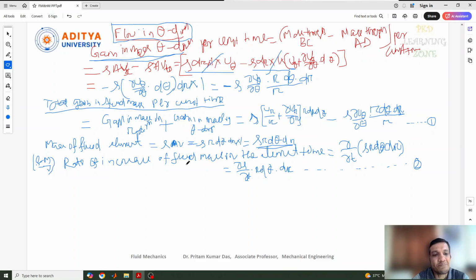So the net gain of mass per unit time in the fluid element will be equal to the rate of increase of mass of the fluid element. So the total gain in fluid mass per unit time will be equal to the rate of increase of fluid mass in the fluid element. Both will be equated, so you can write that here.